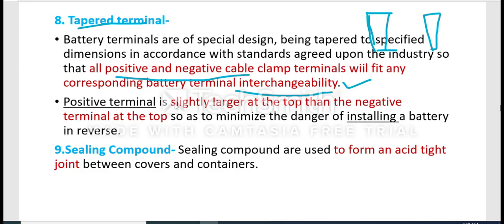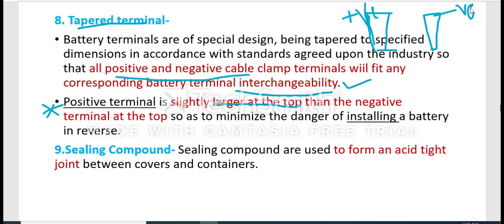Then one important point regarding this tapered terminal: the positive terminal is slightly larger at the top. Suppose this is a positive terminal and this is a negative terminal.